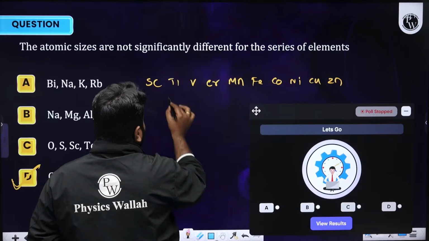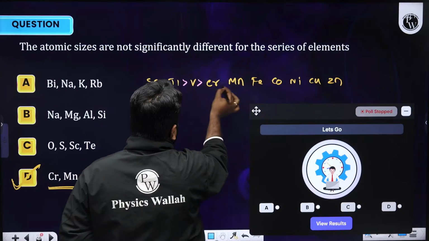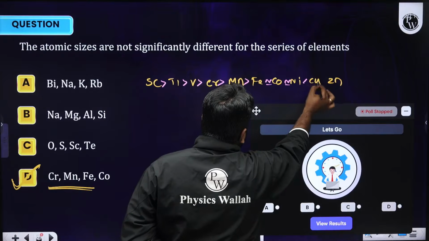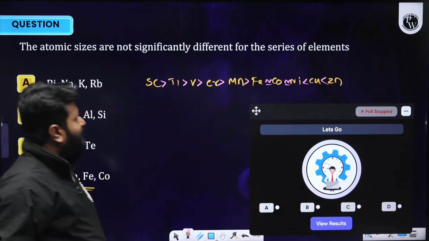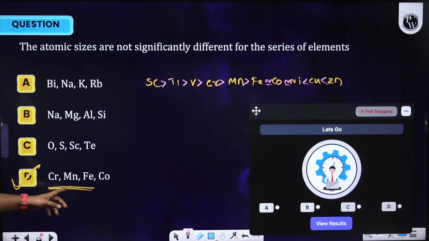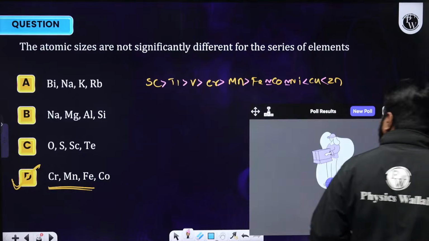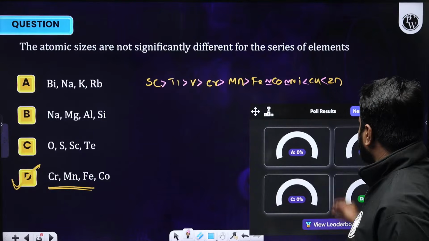First actually scandium, titanium, vanadium, chromium, manganese, iron, cobalt, nickel will be having same, then copper, zinc. So automatically Mn, Fe, Co, these and all will be having almost same size because of lanthanoid contraction. Option D is the right answer.